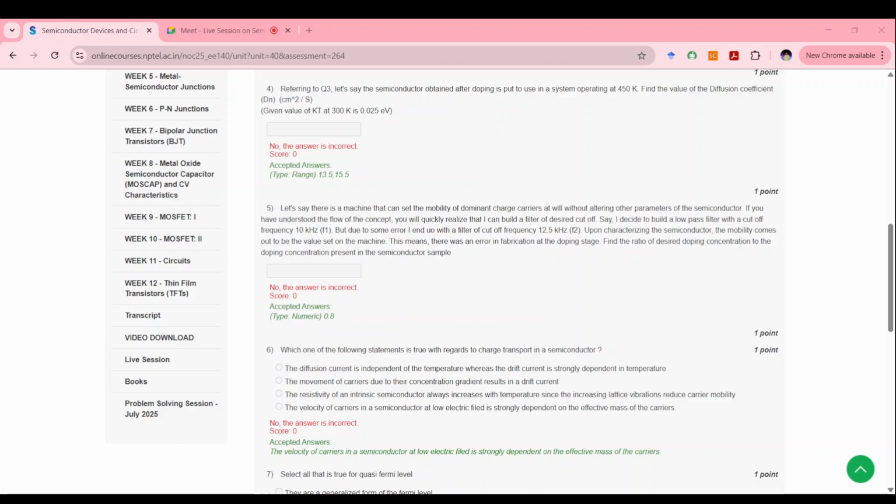Now, if you have understood the flow of the concept, you will quickly realize that I can build a filter of desired cutoff, right?